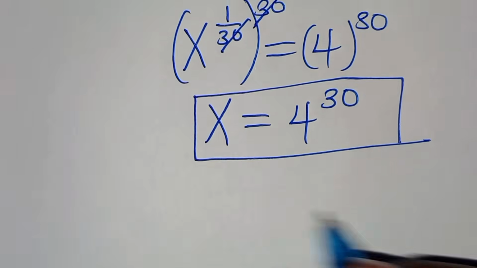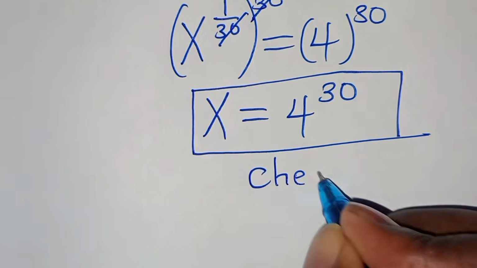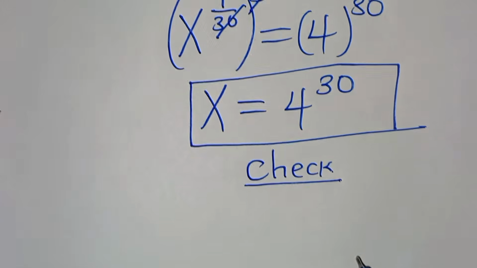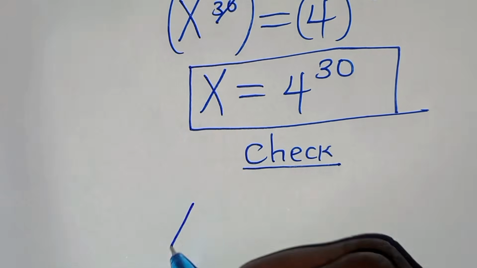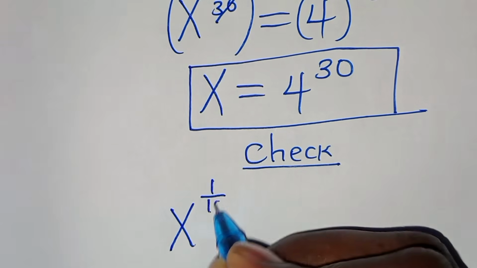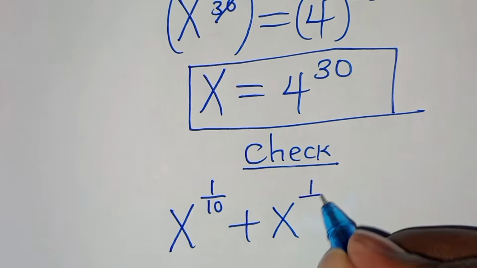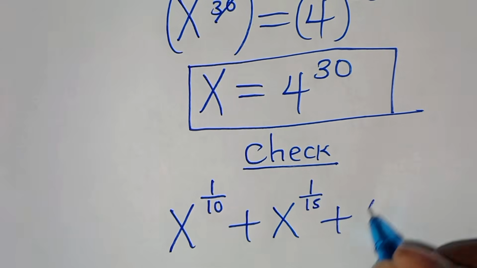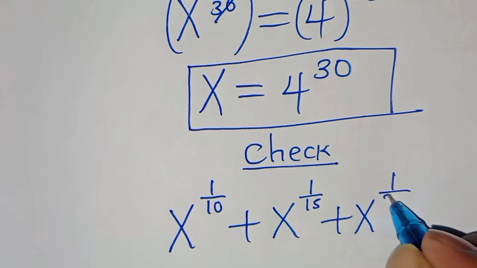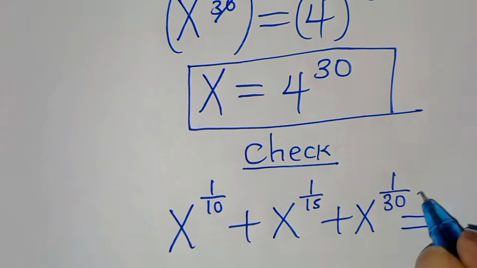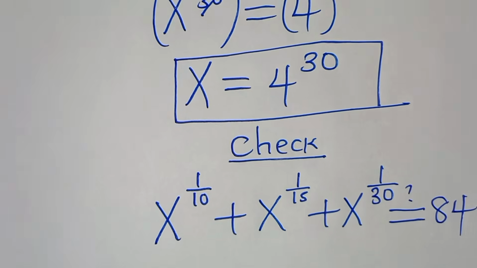Now, the next step is to check if this value of x satisfies the equation. We have that x raised to the power of 1 over 10 plus x raised to the power of 1 over 15 plus x to the power of 1 over 30. This is supposed to give us a value of 84.